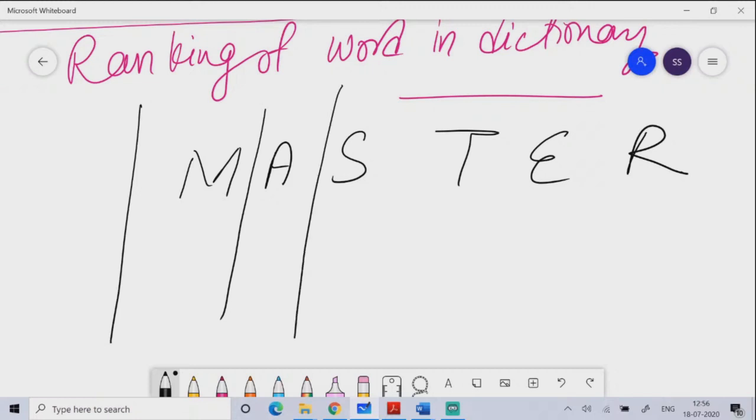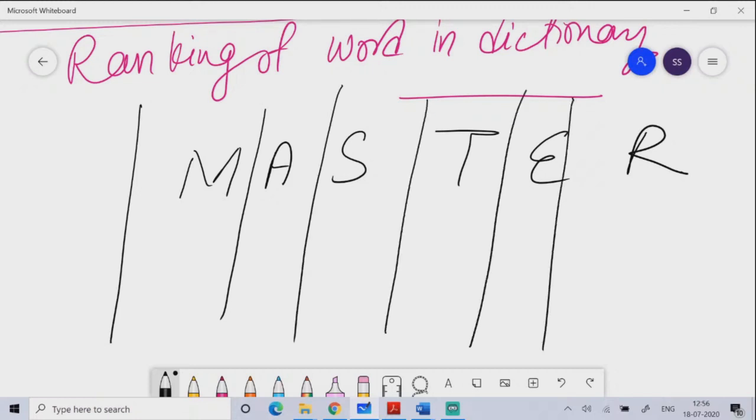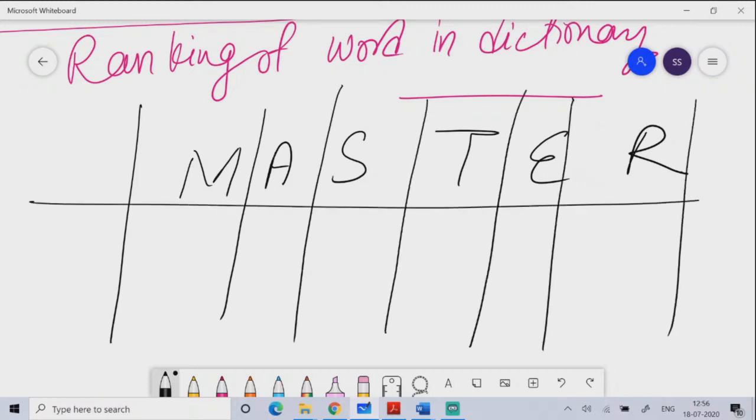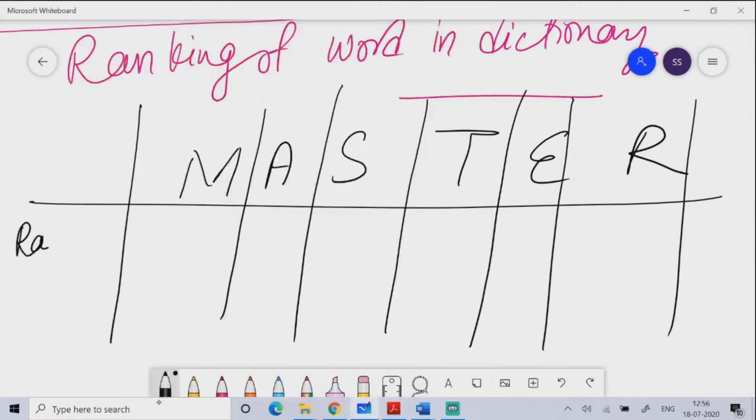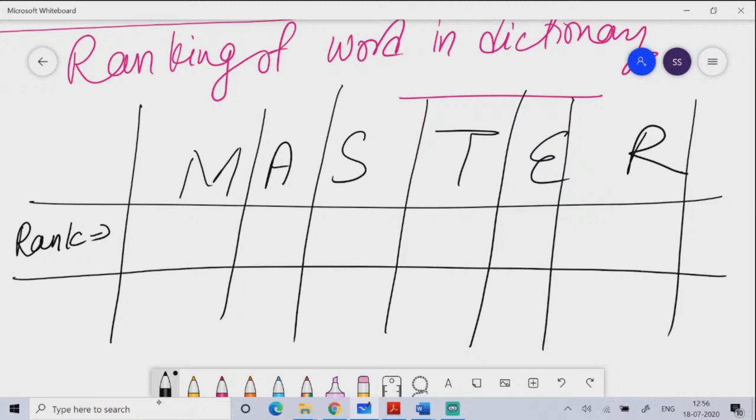So here is the shortcut formula to solve these kinds of questions. Give rank to each letter based upon their position in the alphabet.